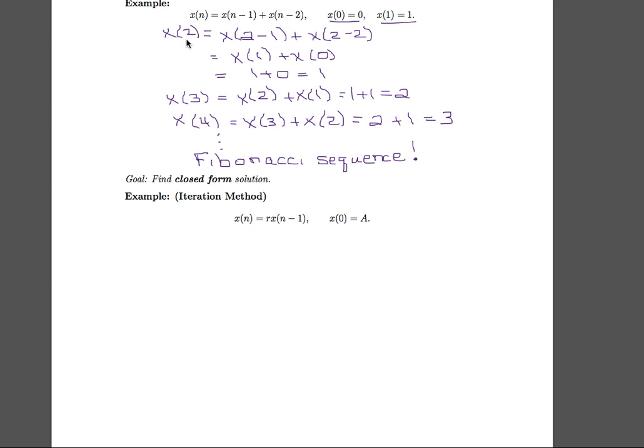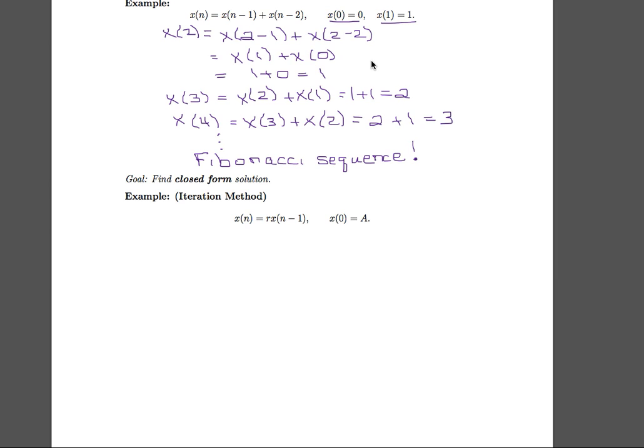So we have to start at x of 2 and then go to x of 3 and then go to x of 4. So if we wanted the 127th term in the Fibonacci sequence, if we only have the recurrence relation, we have to compute a ton of terms, right? I guess 125 of them, because we only have the first two, or really we only have the first one in the sequence itself, so I have 126 terms.